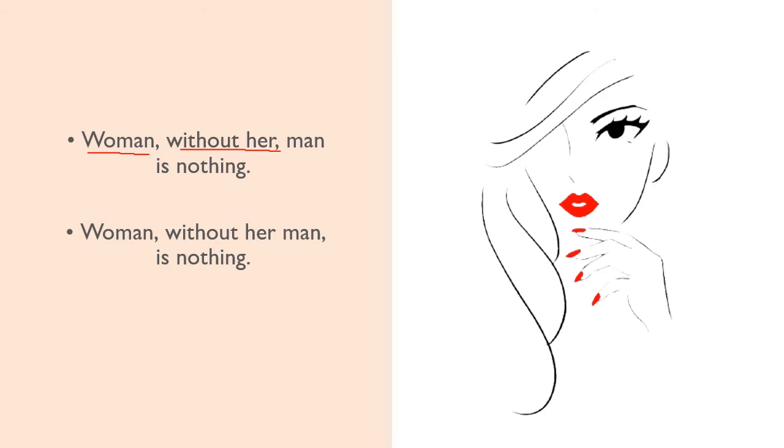On the other hand, we have here: a woman without her man is nothing. The punctuation mark here, we also put after woman and at the same time after man. So this time we can see that the meaning has changed.